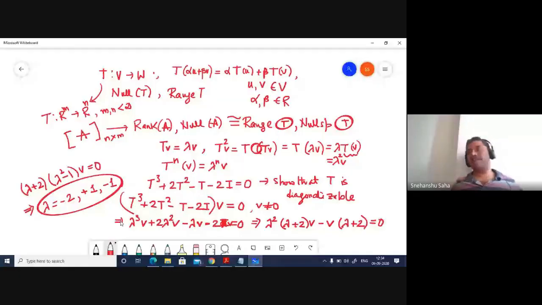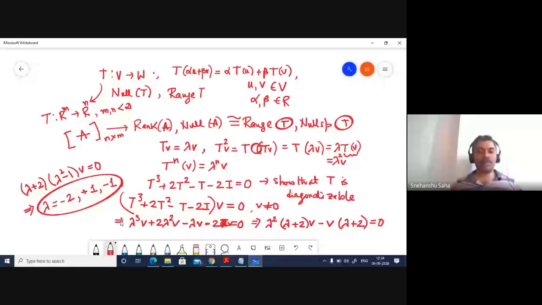So what do you have? Three eigenvalues arising out of this characteristic polynomial, and all of those eigenvalues are real and distinct from each other. Now, since the eigenvalues are real and distinct, the corresponding linear transformation can be diagonalized.